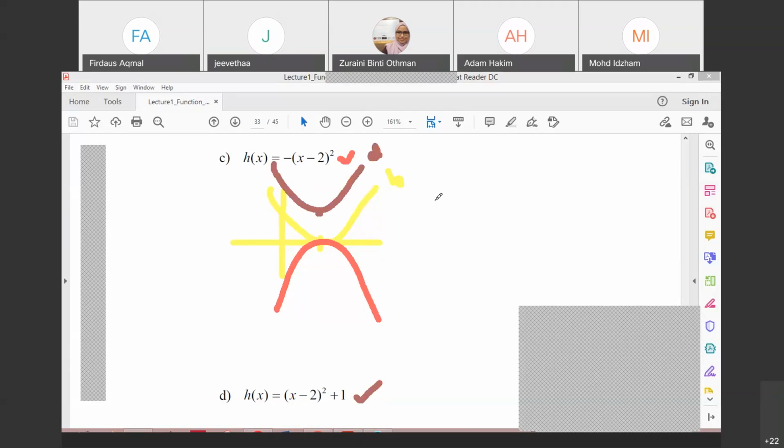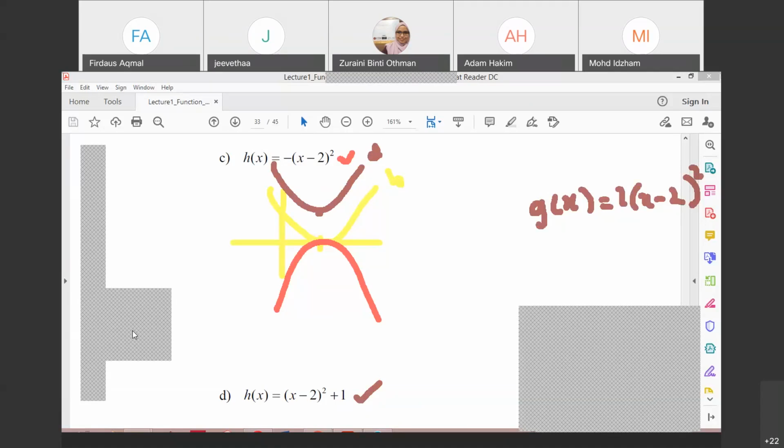Okay, now looking at G, for the G question I wrote g(x) is what? g(x) is 2(x − 2)². Okay, this means our graph D is the same as G, this graph is the same as what? (x − 2)². It is the same as B also, x minus 2 squared, but it has a 2 in front, meaning that it will shrink.